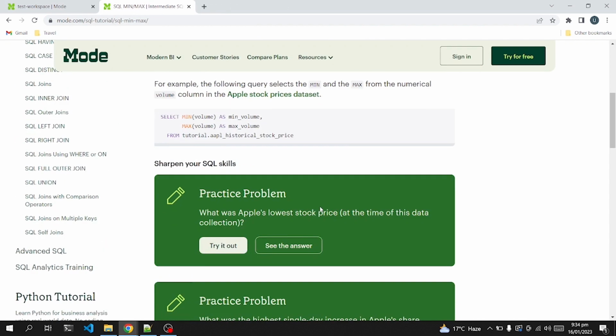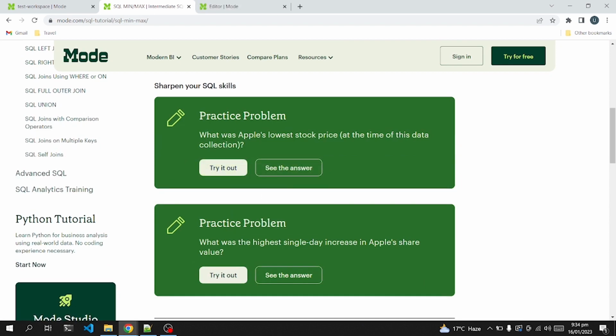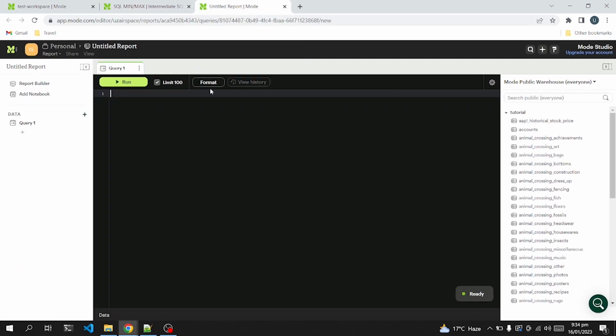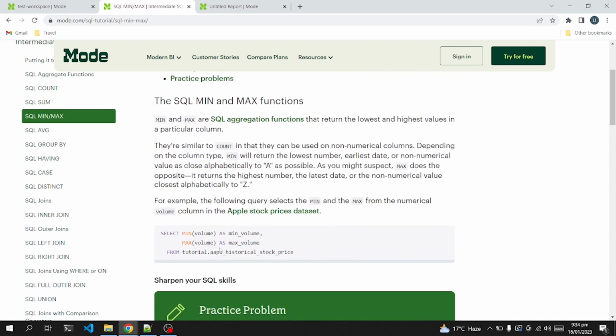In this query, we have to find out what was Apple's lowest stock price. We will be using the minimum function because it clearly says that we have to find the lowest stock price.